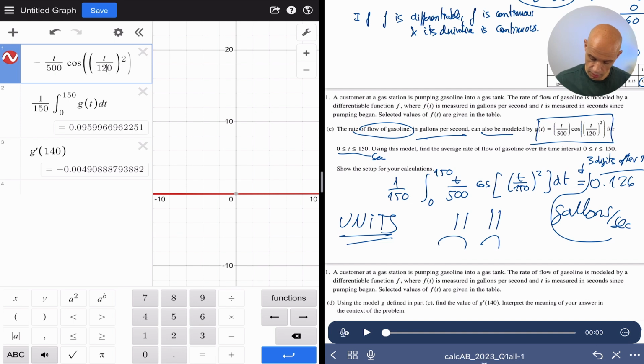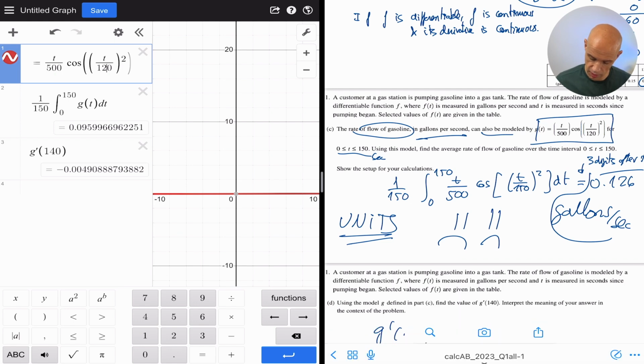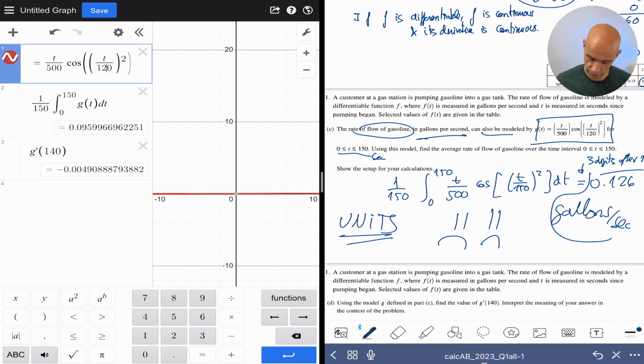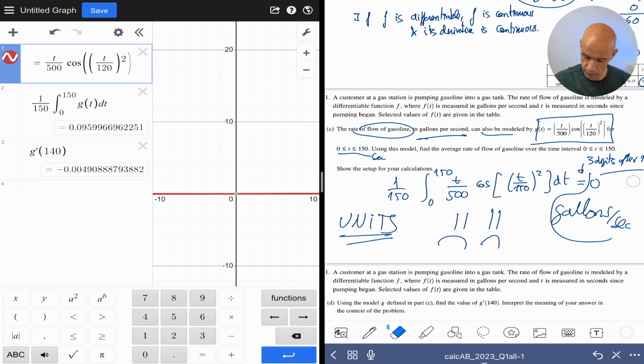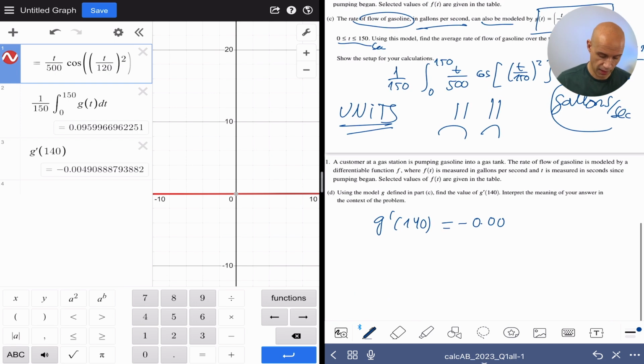So let's change that. 0.05. This will happen for sure. So yes. So let's do this. This is indeed 0.09 and then 6, right? 96. And then when we go here, then we have this other result, 0.005.